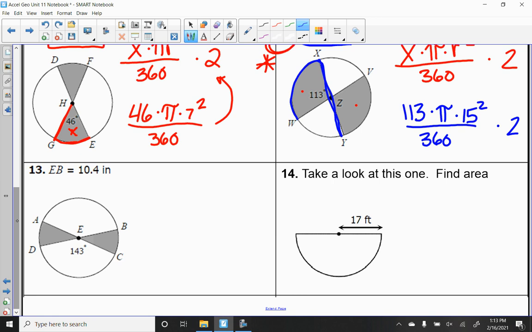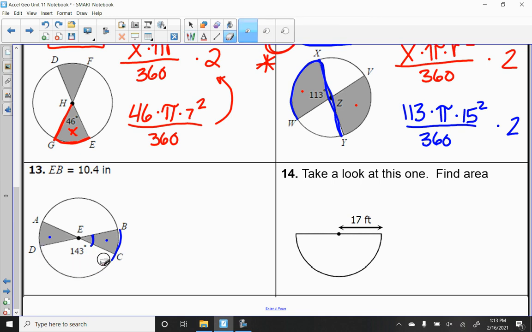And number 13. So number 13, we have 2 pizza slices that are the same, but take a look at this. That angle is not inside of one of our pizza slices. So what we'll have to do is use any one of our half circles and find that measure, this blue measure in here. We'll take 180 minus 143, and that blue measure will be 37. So what does that do for us?